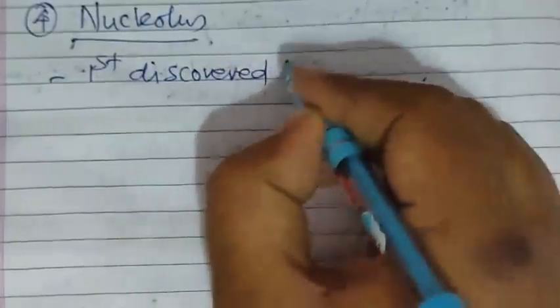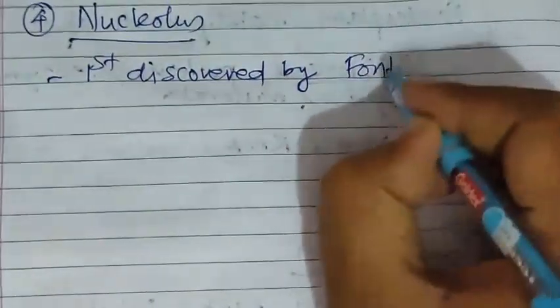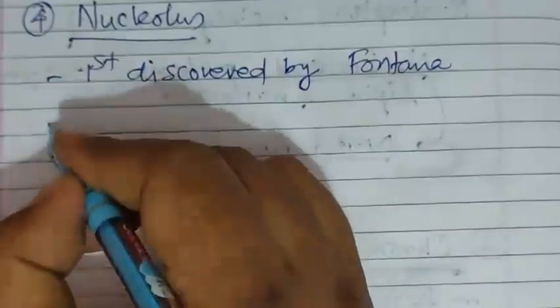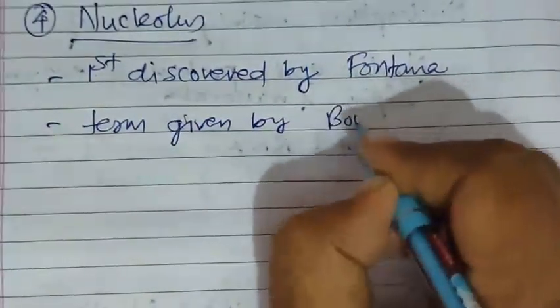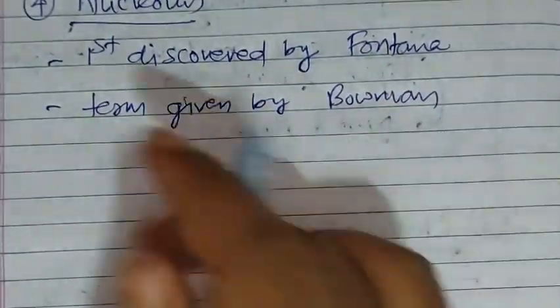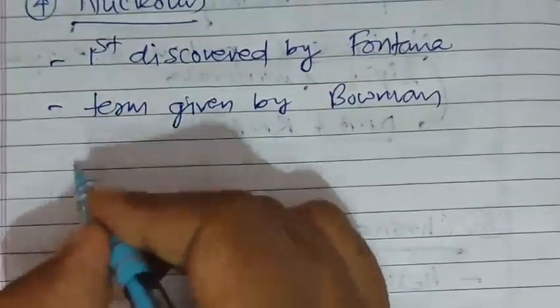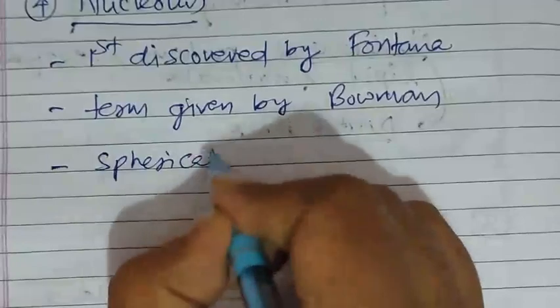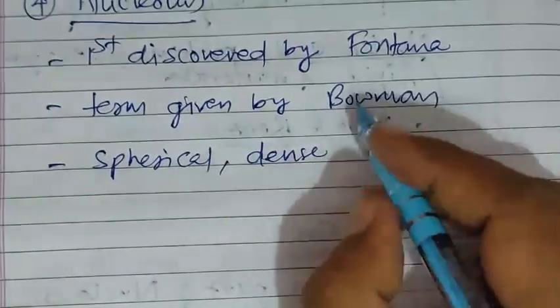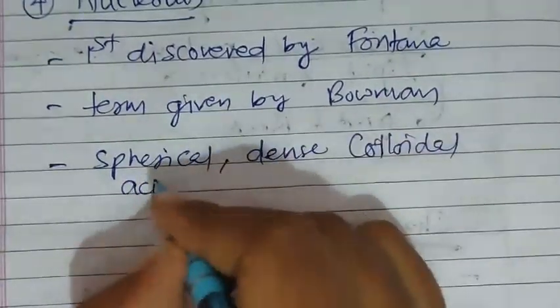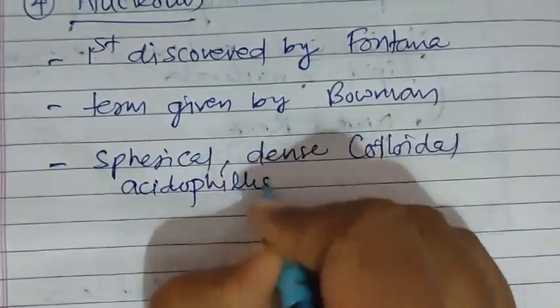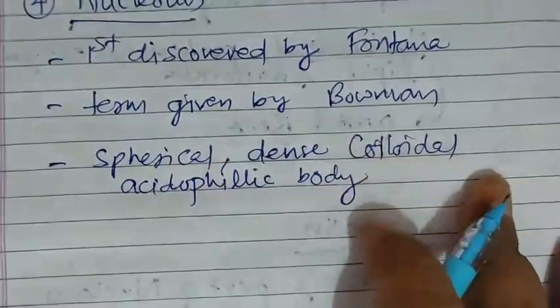And the fourth part is the nucleolus. Now the nucleolus is an organelle first discovered by Fontana and the term was given by Bowman. It is a spherical, dense, colloidal, acidophilic body.